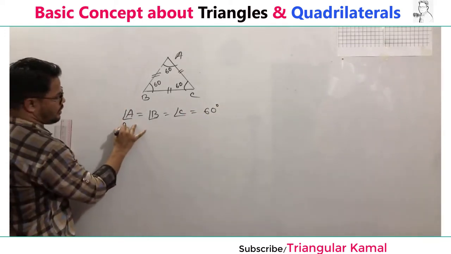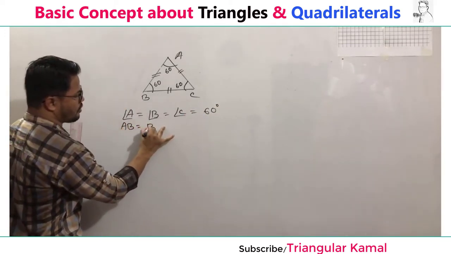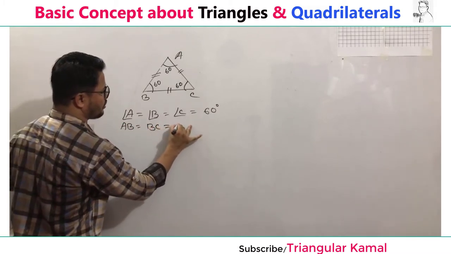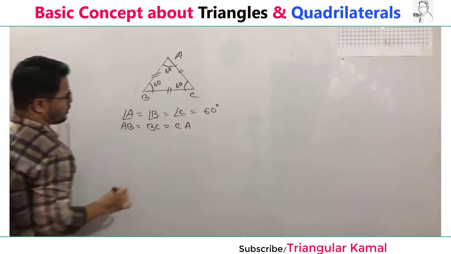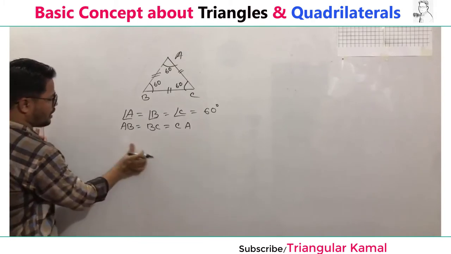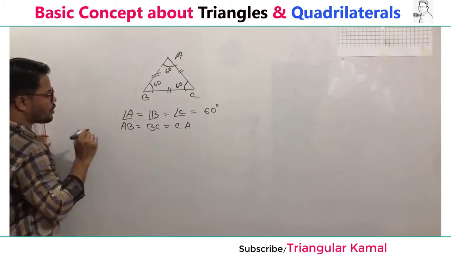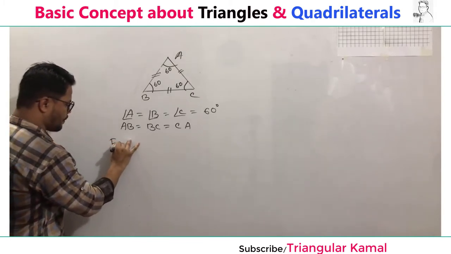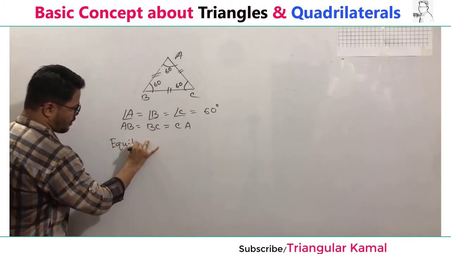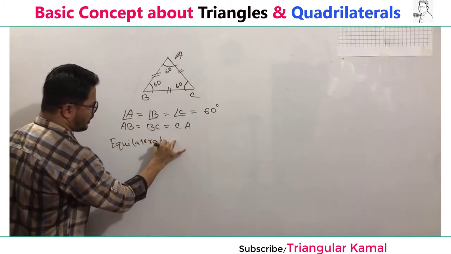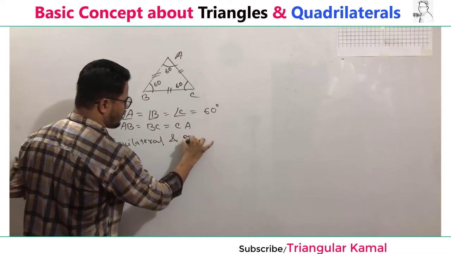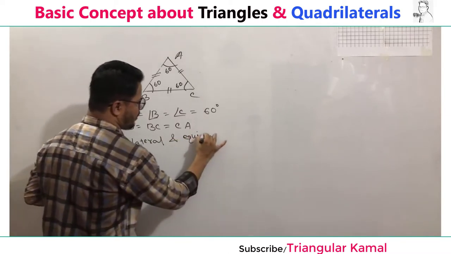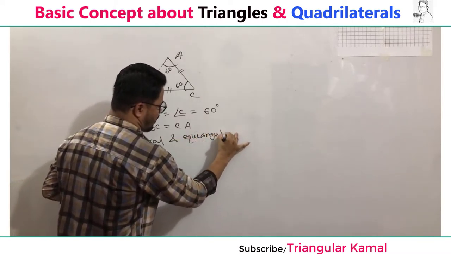And here AB equals BC equals CA. This is equiangular and equilateral.